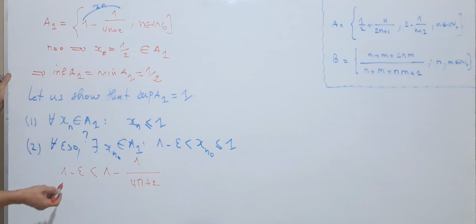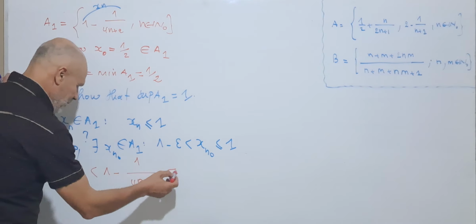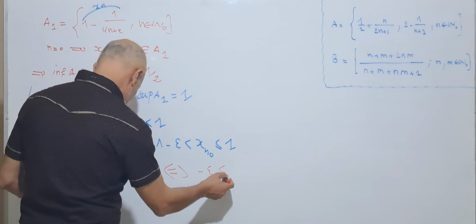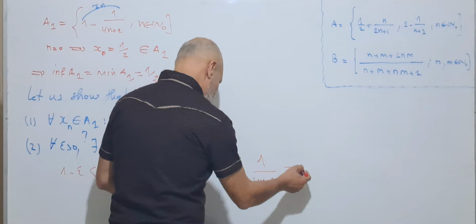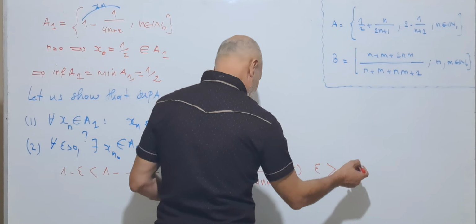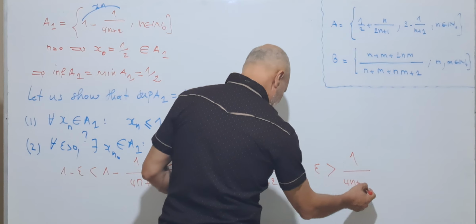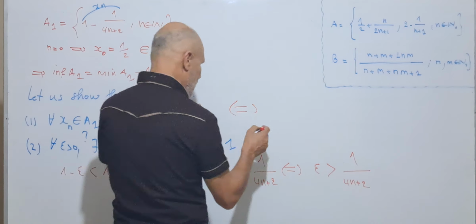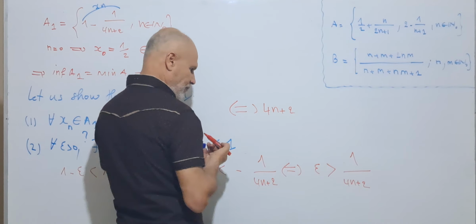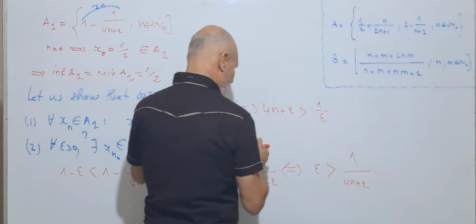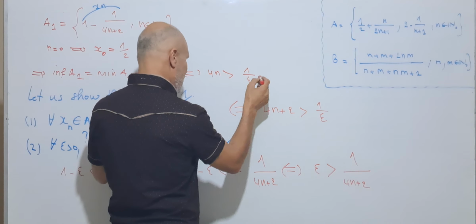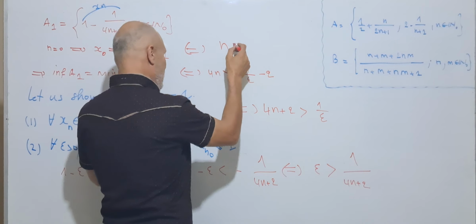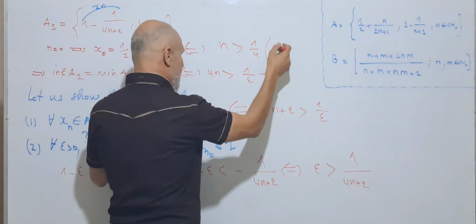This is equivalent to say that minus epsilon is less than minus 1 over 4n plus 2, and this is equivalent to say that epsilon is greater than 1 over 4n plus 2, which is equivalent to say that 4n plus 2 is greater than 1 over epsilon, which is equivalent to say that 4n is greater than 1 over epsilon minus 2, which is equivalent to say that n is greater than 1 over 4 times (1 over epsilon minus 2).